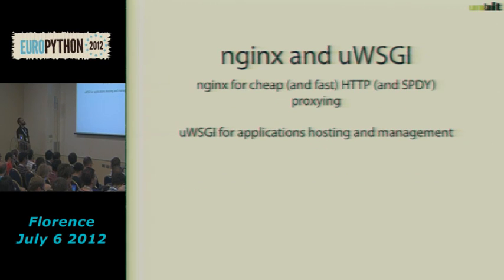nginx and uWSGI. nginx is a very scalable, fast, and cheap HTTP and, from the next release, SPDY web server, but in such a specific infrastructure we will use it as a proxy. uWSGI is an application server with the wrongest name ever, because it is not a uWSGI server as the vast majority of people think, but is an infrastructure, a stack composed of various plugins for building massive infrastructure, and uWSGI is one of its plugins.